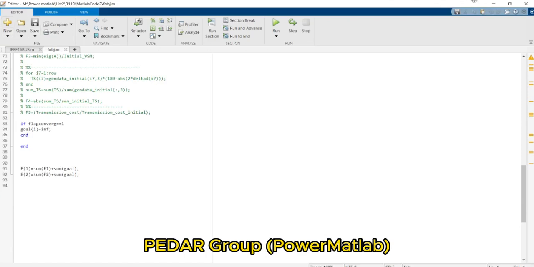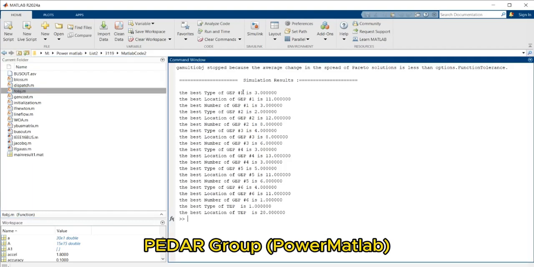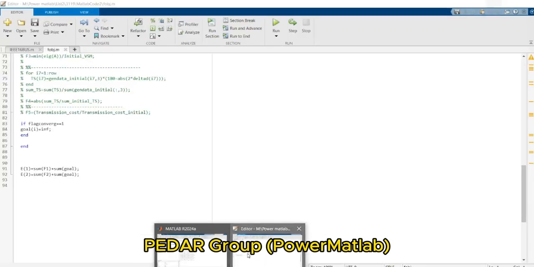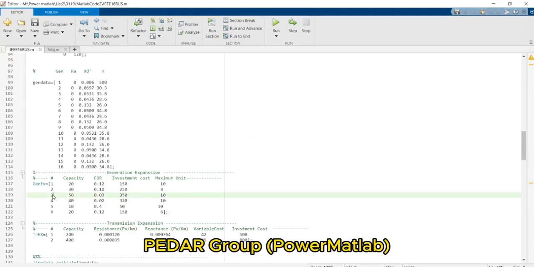After you run the simulation, you can see the result here for six scenarios of expansion planning. The best type of GEP number 1 is scenario type 3, as you can see here, with this capacity.